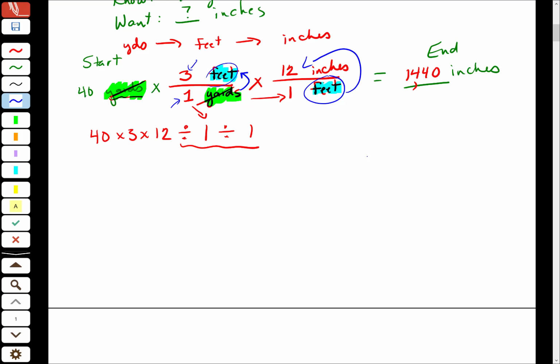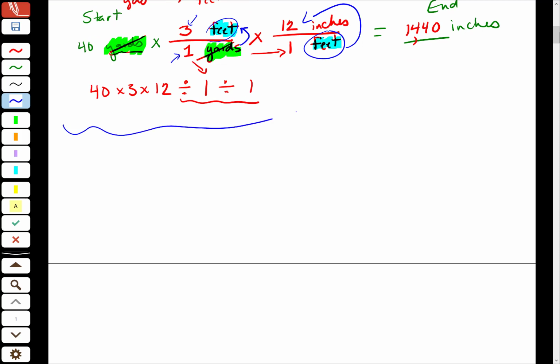Let me see. I have another couple of conversion factors, and let's do that. One of the conversion factors is I know that 1 mile is 1,760 yards.